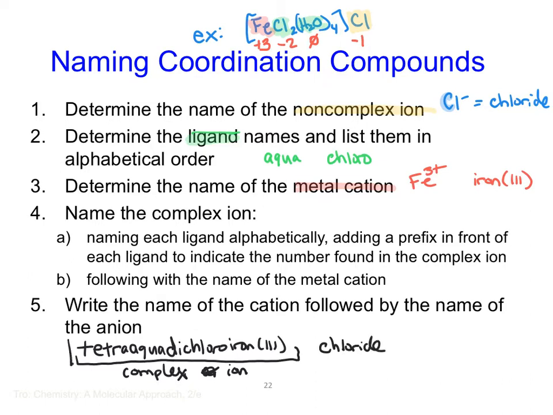So the name of this coordination compound would be tetra aqua dichloro iron 3 chloride. The only space is between the 3 and the chloride. You can also have a counter cation that would go first, followed by a complex anion. We will continue on and look at more examples over the next few slides.